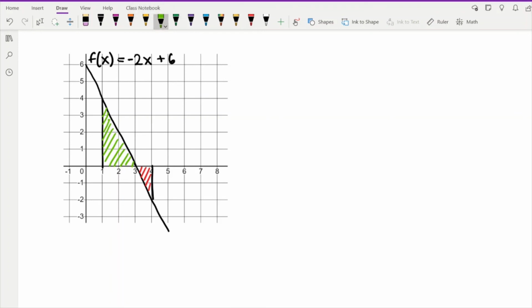For the first area, we have a triangle where the base is 2 and the height is 4, right? So we have 2 times 4 divided by 2. That is going to contribute positive area, but then this red triangle is going to contribute negative area. So this is going to be minus, and in this case, our base is 1 and our height is 2. So we have 1 times 2 over 2.